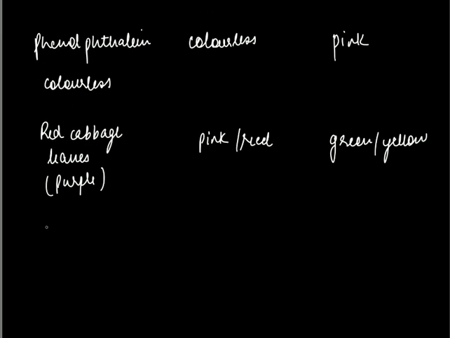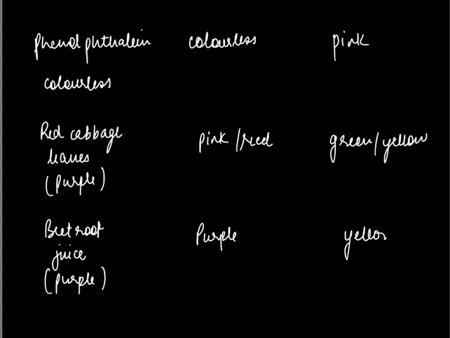Then we have beetroot juice. This is again purple in color. In case of acids, it will remain purple, but in case of base, it will be yellow.